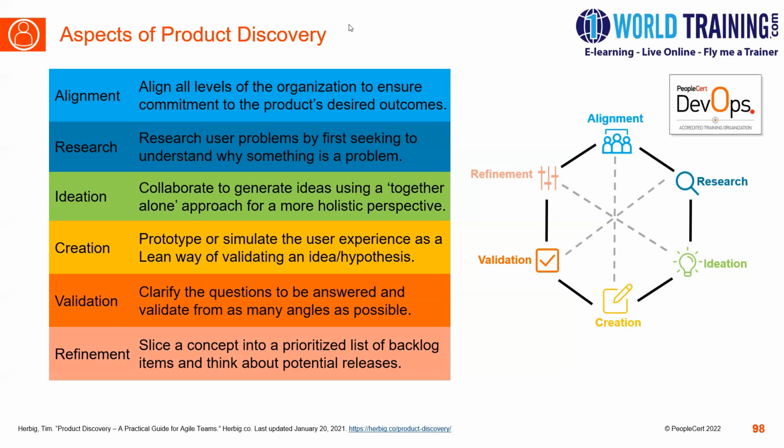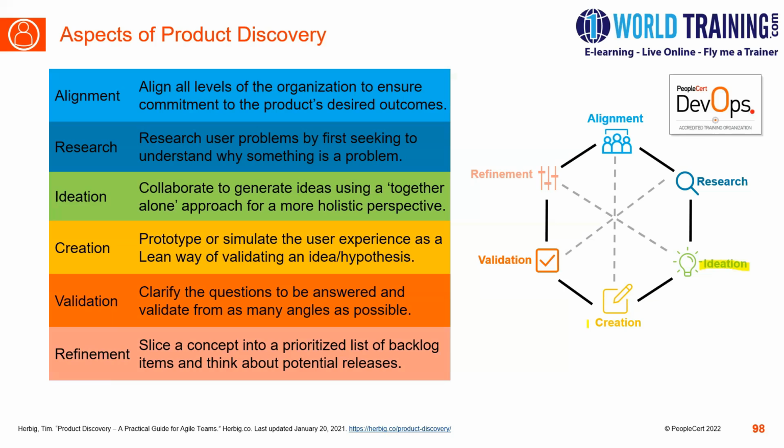So when you're doing ideation, we need to ensure that we are not only asking people to align themselves to the ideas, but we should focus on working together, or on an approach of together and alone. That helps give a more holistic perspective.